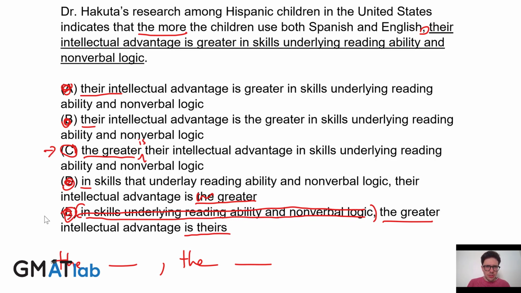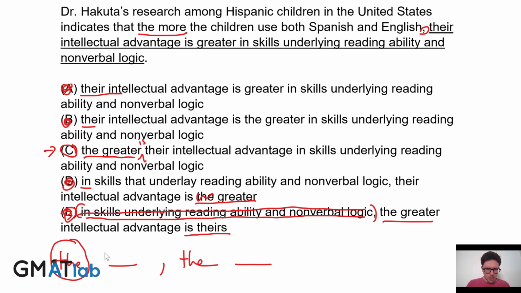So it's all about really spotting, in this case, the first comparative adjective, the more, in order to understand that we need to follow it up with another comparative adjective. So you're going to have, in all of these cases, the article before it, so you can look out for that.